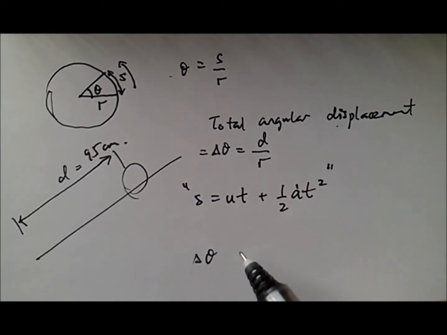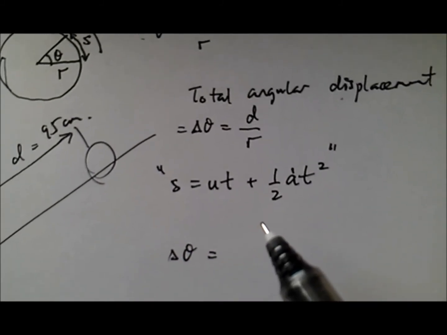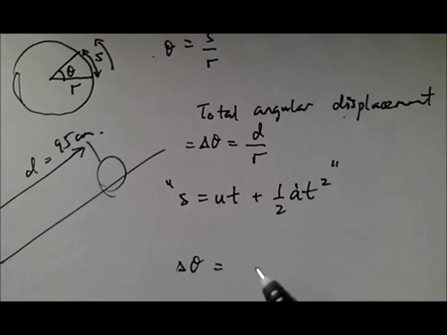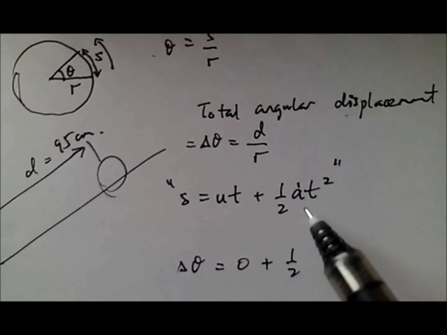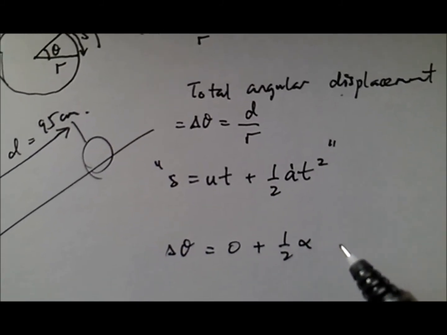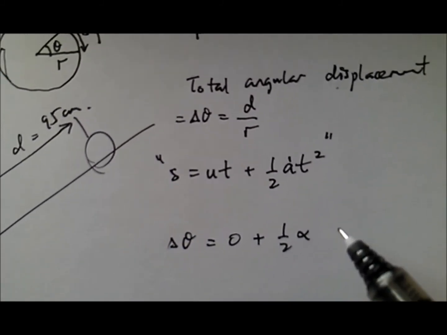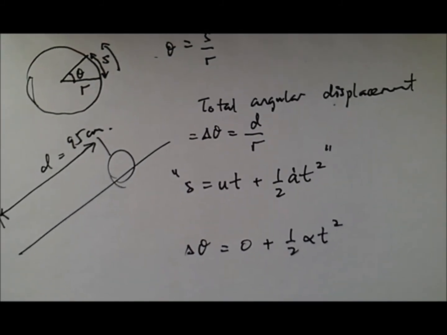We started the ball rolling with zero speed, whether zero linear speed or zero angular speed. Half a is for linear acceleration; if you convert to rotational motion, it becomes alpha, and t is of course time.